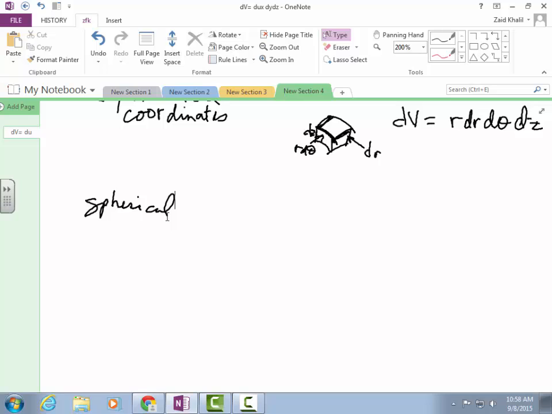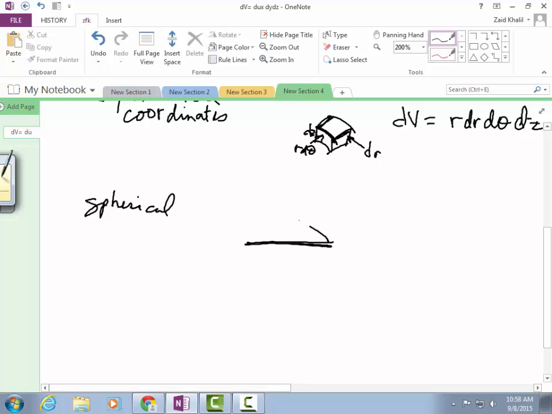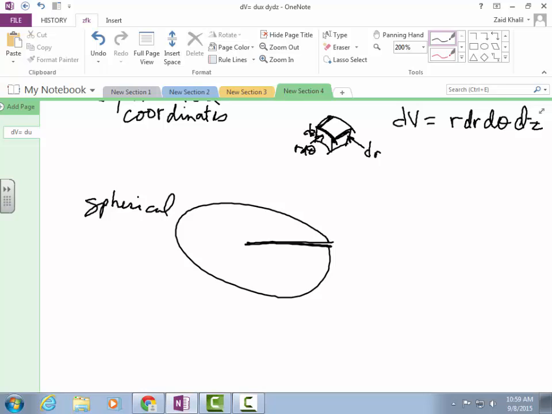Then I take this disk and rotate it 180 degrees, like that. Be careful, you get a sphere. You get a full sphere.